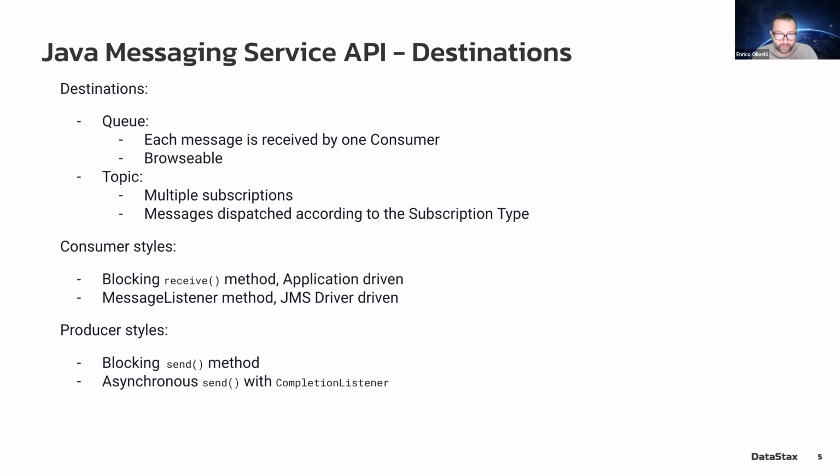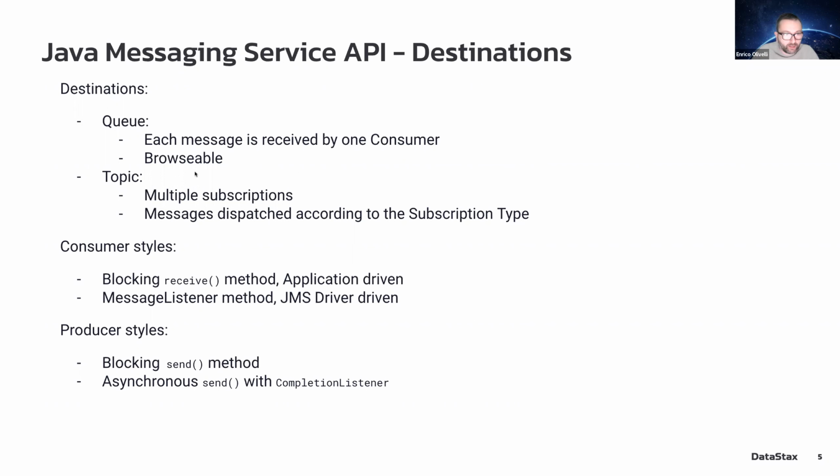There is a blocking send method, and there is an asynchronous send API, where you pass a callback that is executed when the delivery is completed. This is new in 2.0. Many systems still support only 1.0 or 1.1.